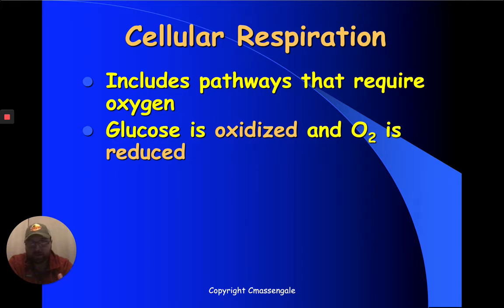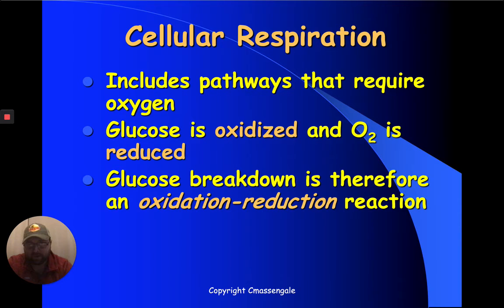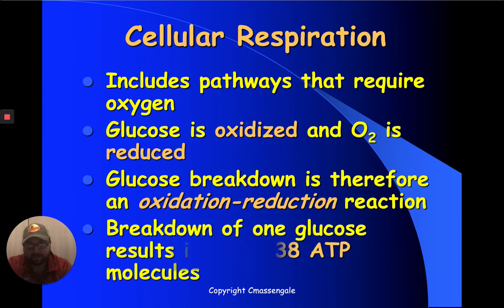Glucose is oxidized and O2 is reduced, and we'll talk a little bit more about that, but we're really not going to use those words all that much because I think it'd be a little bit confusing. The breakdown of glucose is therefore an oxidation reduction reaction, which you'll talk about if you take chemistry. We're going to touch on them a little bit, but not a lot.